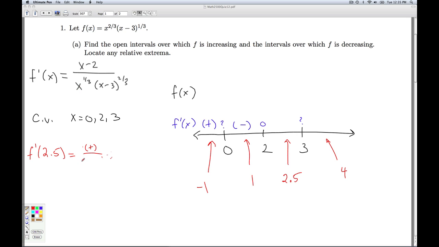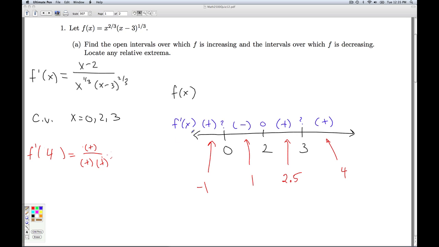The cube root of 2.5 is positive, and as we mentioned, that guy's always positive, so that's going to be positive. And finally, we plug in 4 to the derivative and see what's going on there. 4 minus 2 is positive. The cube root of 4 is positive, and as we mentioned, this is always positive, so guess what? It's also positive on that interval.